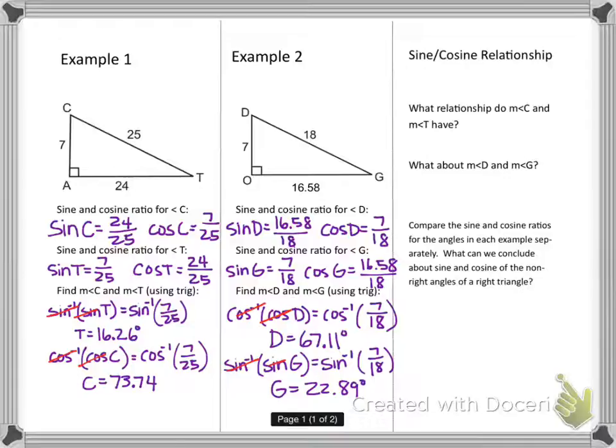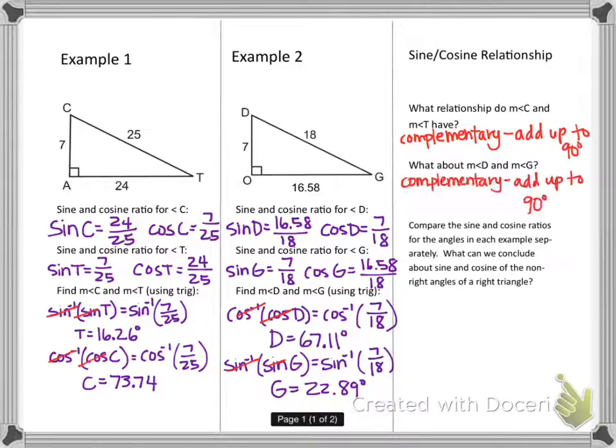And if you notice, all angles of a triangle add up to 180. We already have a 90-degree angle, so the other 2 angles must add up to 90, and we call this complementary. We've gone over that before. So these are complementary angles, and this is the same for D and G. These are both complementary as well. They add up to 90.